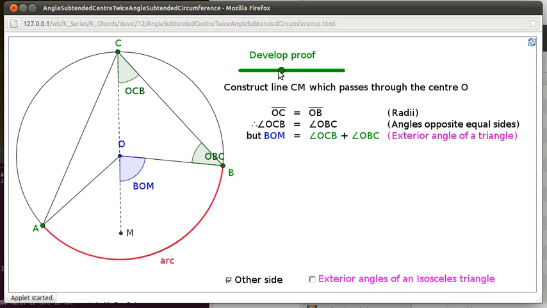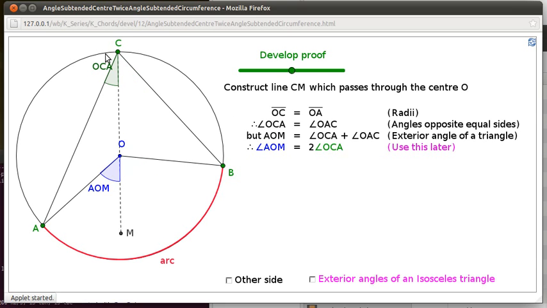And that's what the rest of the proof does. So BOM is 2 OCB by substituting that into there and factorising. And then the same on the other side, this angle is the same as 2 lots of that angle.